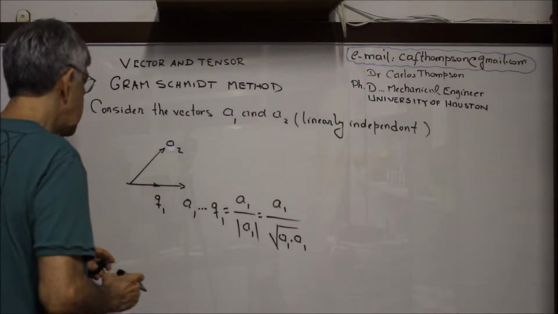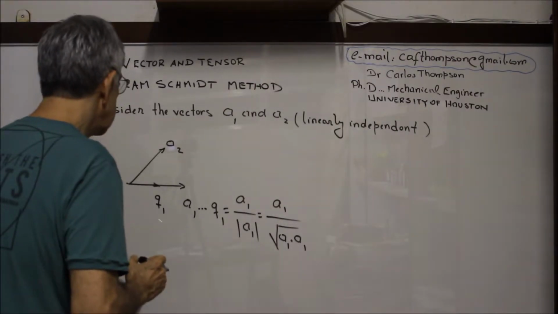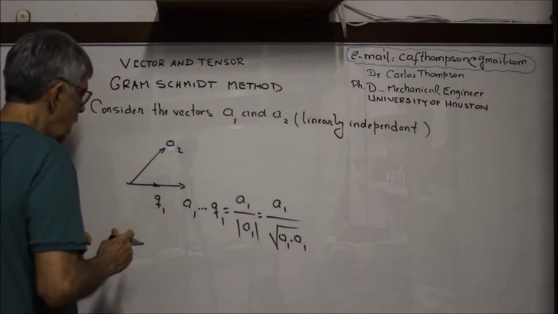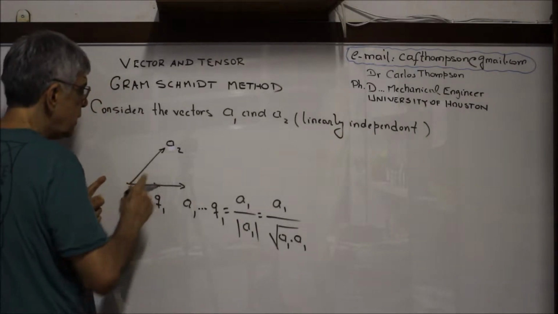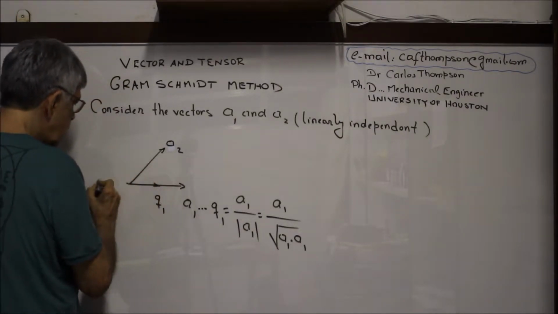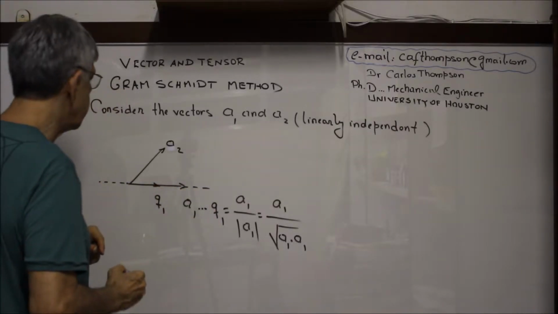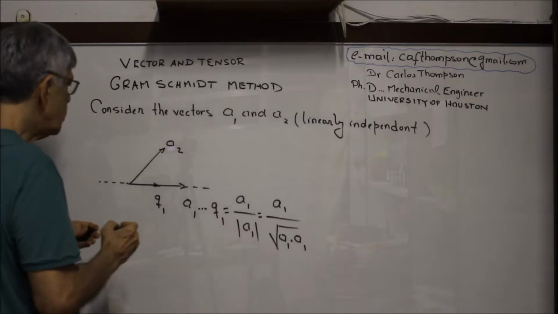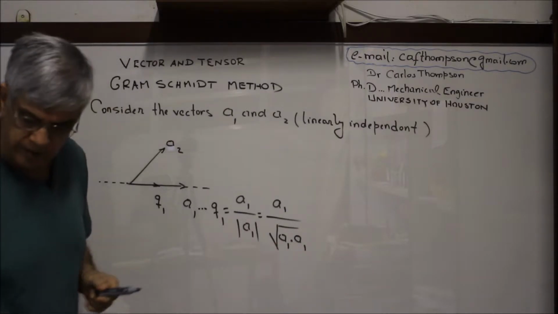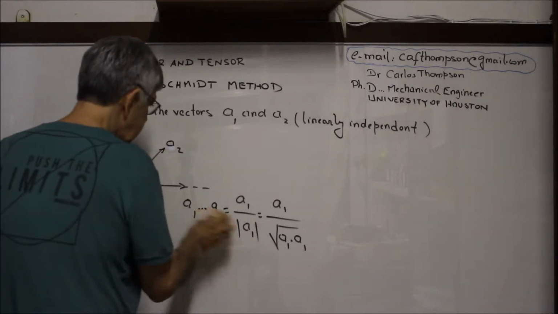Now, we can do as follows. I will project A2 on this straight line over here. This is K1.